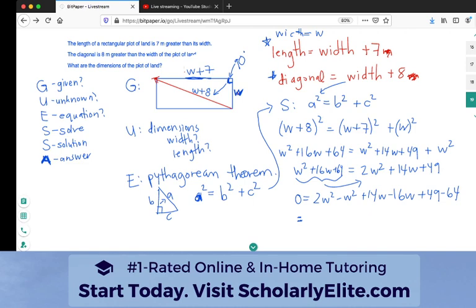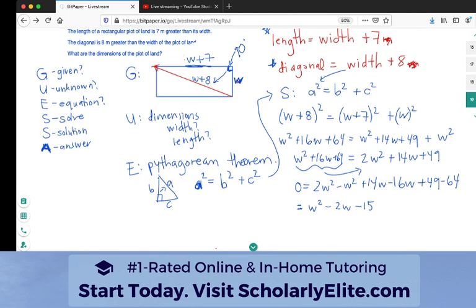This is awesome. And here this is going to equal W squared minus 2W minus 15. Okay, so now the moment of truth. We want to factor this. And what I am going to do is just move everything up slightly.